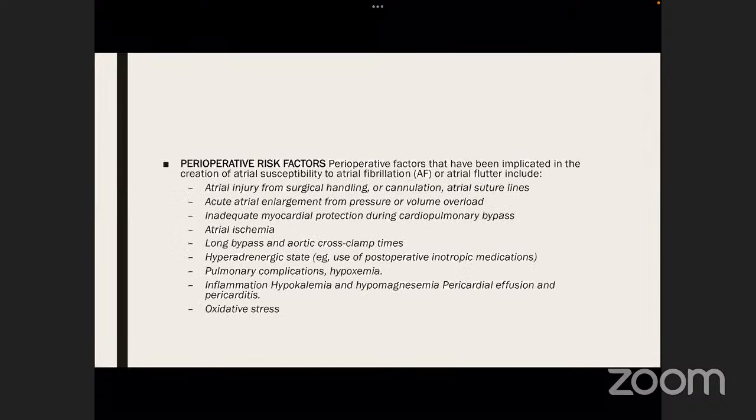For the perioperative risk factors, we're talking about atrial injury from the surgical handling, acute atrial enlargement from the pressure or volume overload, atrial ischemia, long bypass, pulmonary complication, inflammation, and electrolytes.